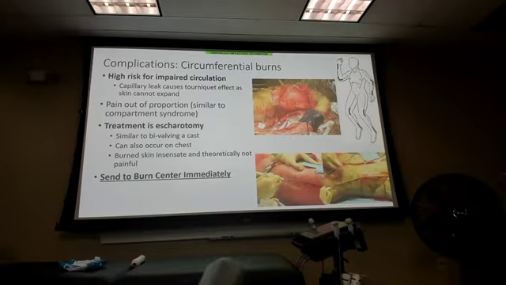So when we're talking about complications of these, okay, the biggest ones that we have to deal with are circumferential burns, okay? Circumferential around the chest, belly, around any of the extremities, right? So if you have a full thickness burn, okay, you've lost the skin's ability to be elastic, okay?